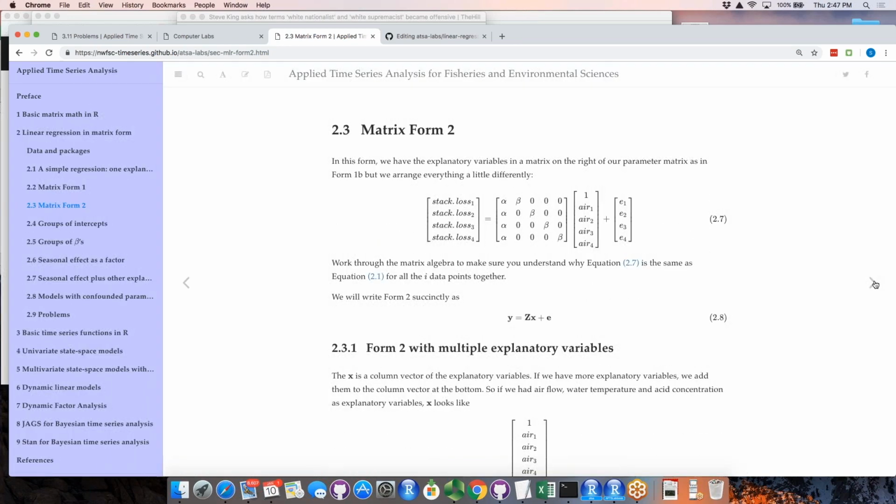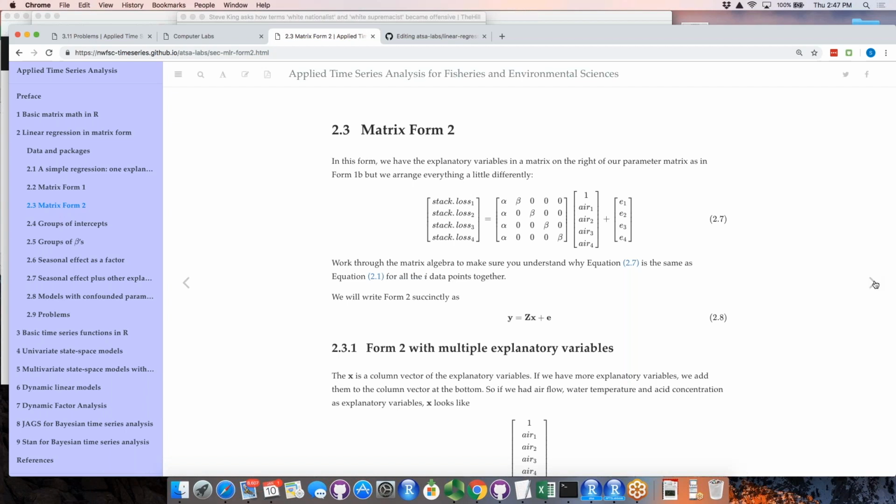Okay, here is yet another way we could write that linear regression. Now we have all our covariates in one column. There aren't multiple columns, just one column like that. And we have all our parameters over here, but now we have a bunch of zeros appearing in different places.